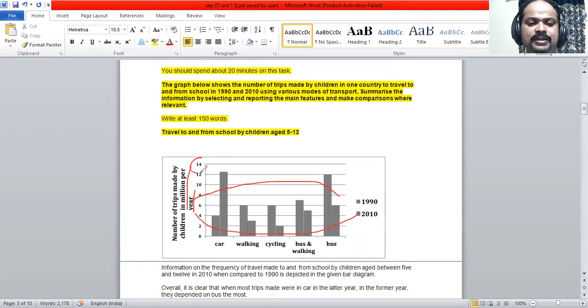In million means it is 14 million here, it's 2 million here. It's not just 2, it's not just 4, it's not just 8 and 10. It is 14 million, 10 million, 12 million, like that. So we have millions there. So that's it.